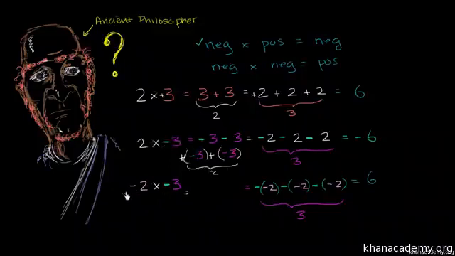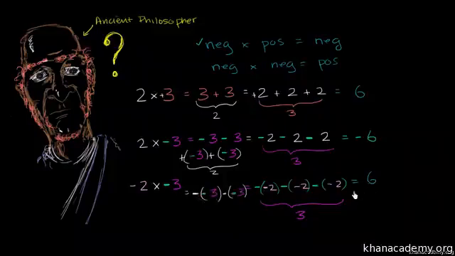Over here, since we now have a negative 2, we're going to subtract negative 3 twice. So we're going to subtract something, and we're going to subtract something again, and that something is going to be our negative 3. And once again, subtracting a negative, it's like taking away someone's debt, which is essentially giving them money. This is the same thing as adding 3 plus 3, which is once again 6.